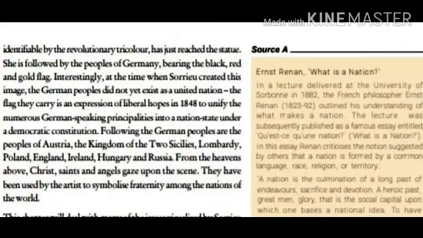The end result of these changes was the emergence of the nation state in place of the multinational dynastic empires of Europe. Thus, the concept of nationalism gave rise to the nation state in Europe. As we know, nationalism is a feeling of love, patriotism, devotion, etc. towards one's own nation.